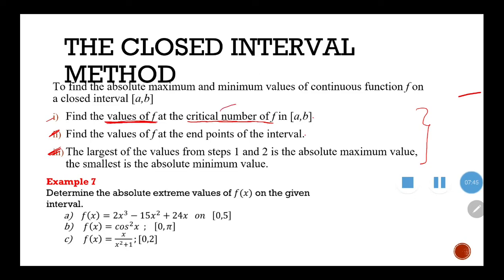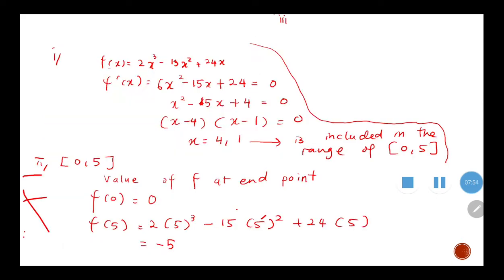Now we know the critical numbers are x equals 4 and x equals 1. Now we want to find the value of f. What does it mean here? We replace 4 and 1 in the original equation f(x). So when x equals 1, it should be like this.